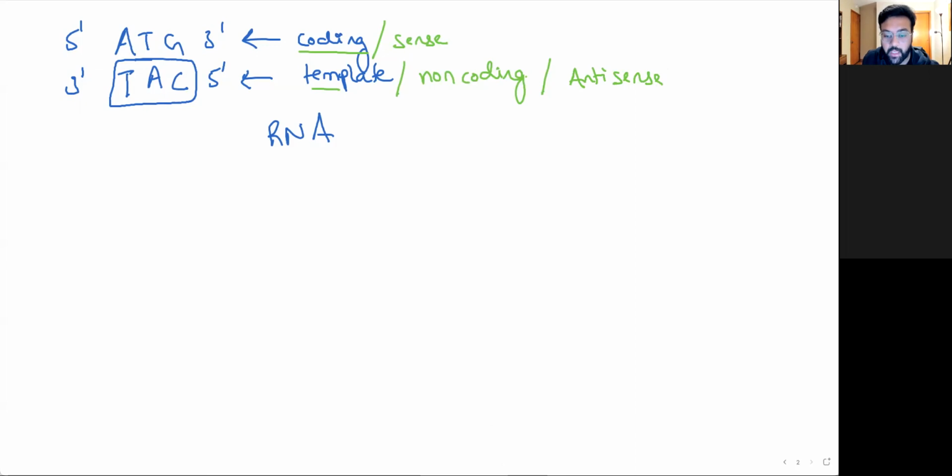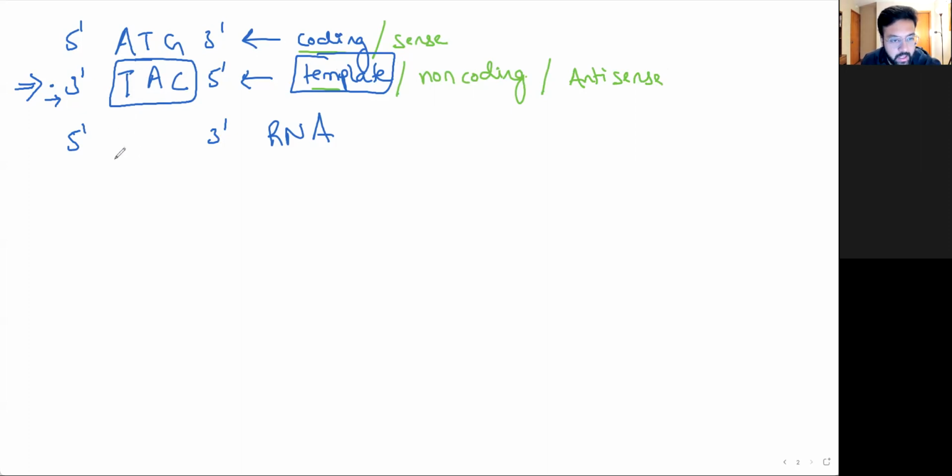Now remember, if this is the template and I want to make RNA, the RNA polymerase is going to read this strand, so it is going to make a complementary strand to this one. So it has to be 5 dash here and 3 dash here because we are making it complementary to this strand. Now tell me what the complementary RNA sequence should be.